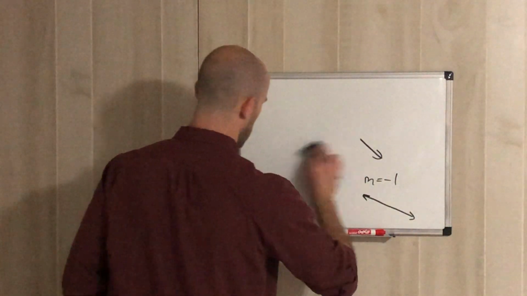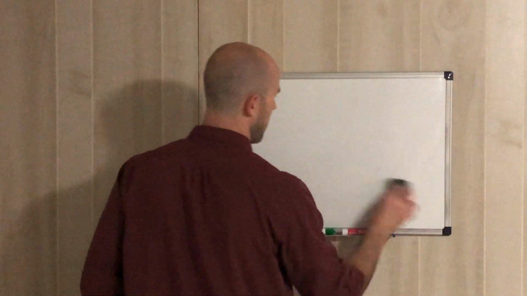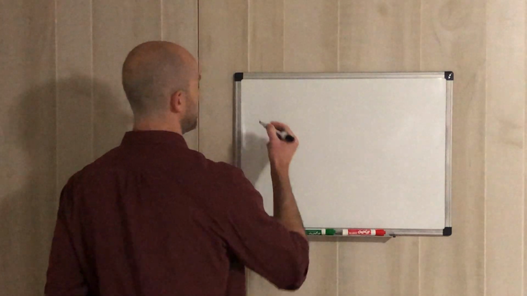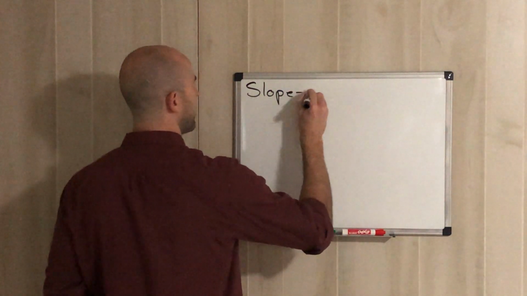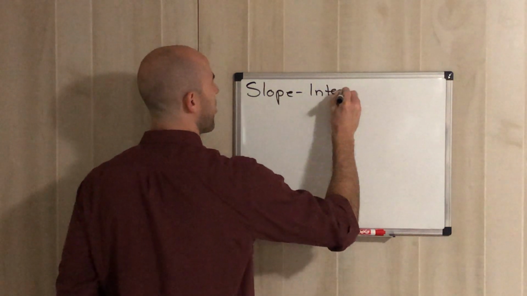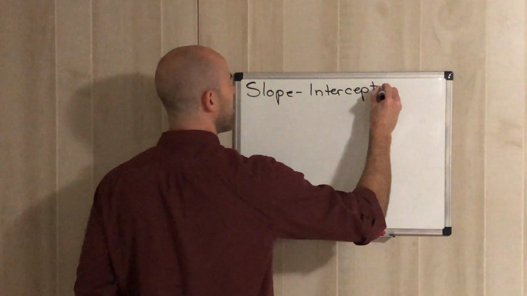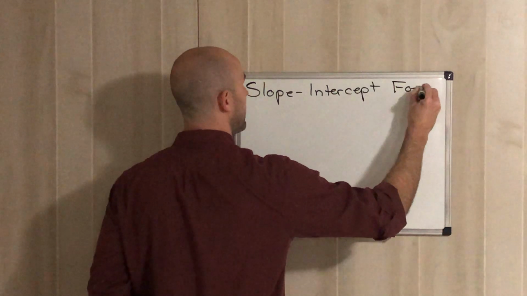Now, there is something else that we keep working with when analyzing slope and equations. It's something you guys have done previously, and it was called slope-intercept form, right? And I think all of you have done it before, and you did well.